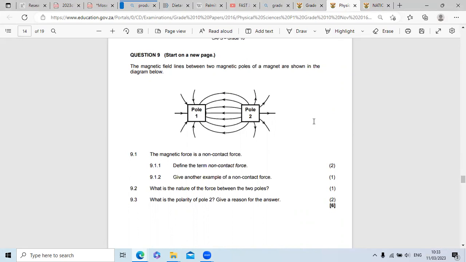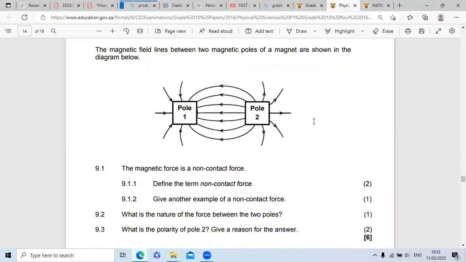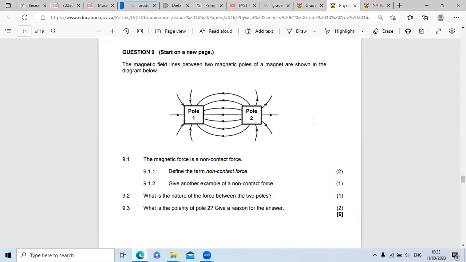Since we did magnets on Tuesday, do you think you can answer question 9? We can just go through it together now.